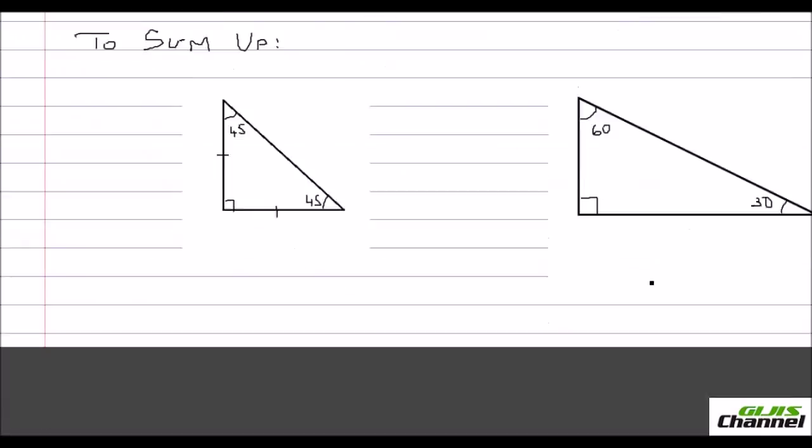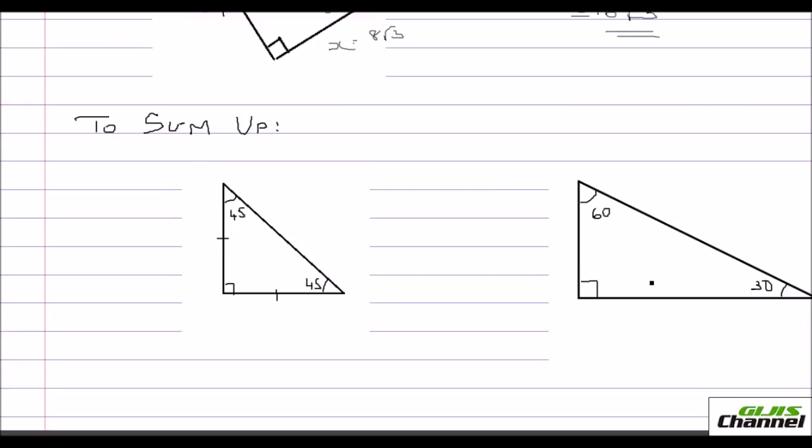So to sum up, for the special right triangles, like an isosceles right triangle, you have 45 degree angles for the acute angles, and now the ratio of the sides is, if this is x, this is also x, and here it is root 2x. So the ratio is 1 is to root 2.